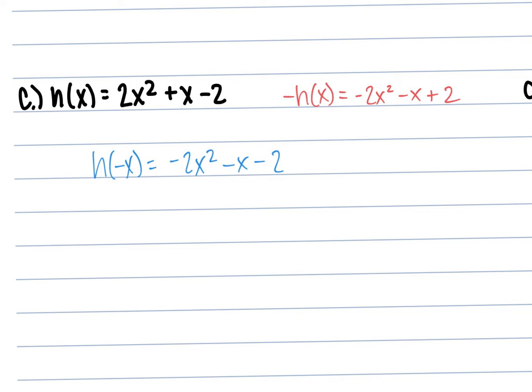You have negative 2, you put the negative x in parentheses. Very good. Okay, so change this, guys. Make this a negative x squared in parentheses, right? And then what happens when you square negative x, Cody? You get a positive x squared. Good. So h of negative x is going to give me a positive 2x squared minus x minus 2.